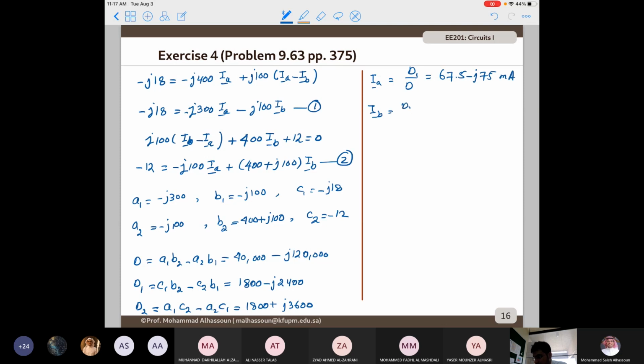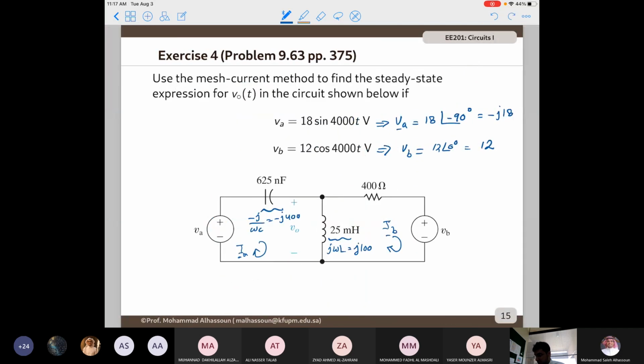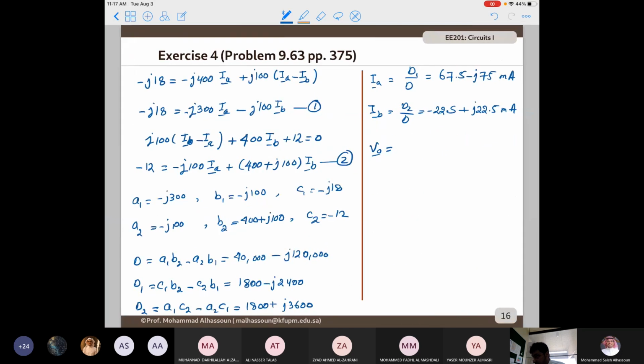IB is going to be D2 divided by D, and it's going to be negative 22.5 plus J22.5 milliampere. So V naught is going to be, by applying KCL here, I naught is IA minus IB multiplied by the impedance, which is J100.